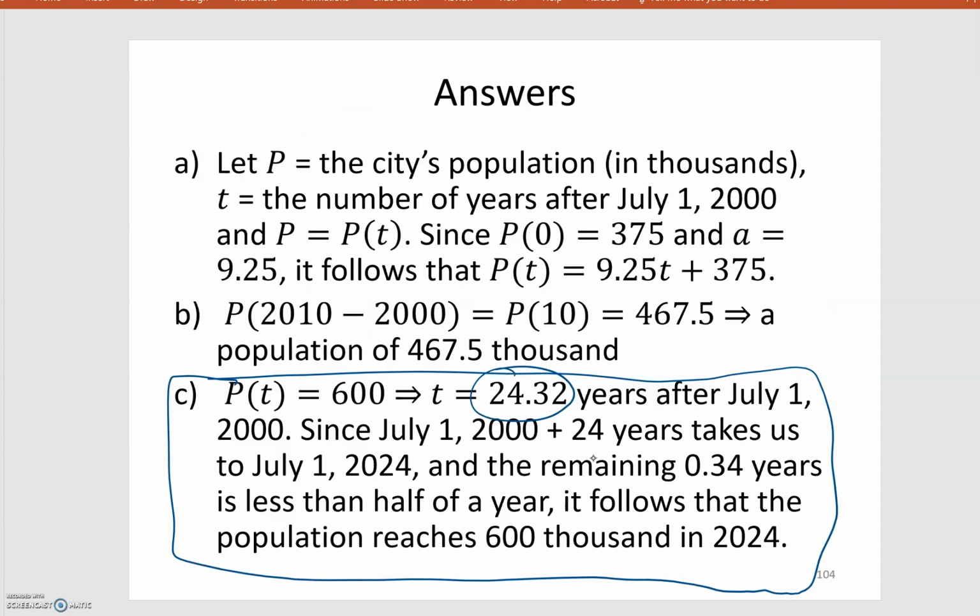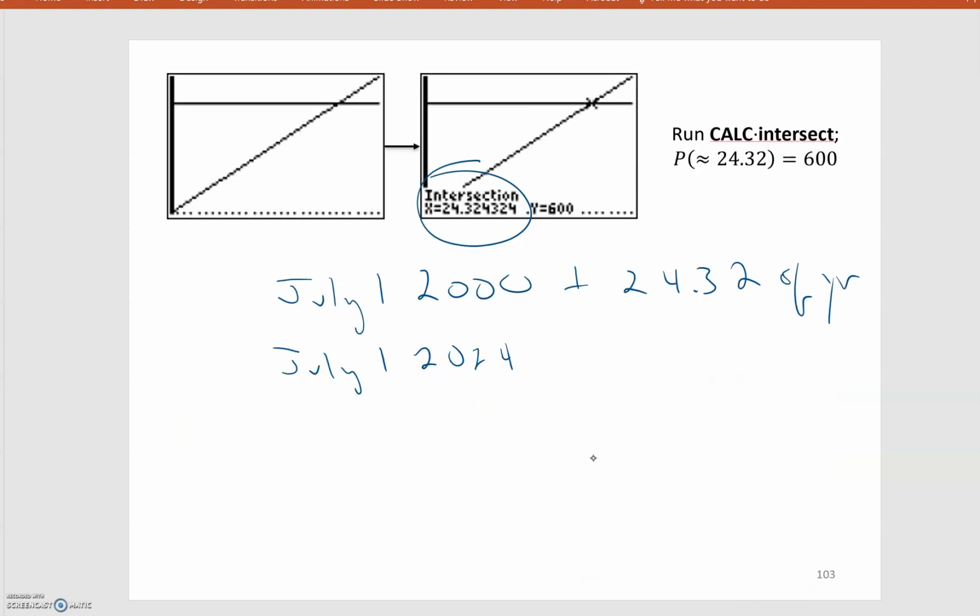So the explanation for the problem says the remaining 0.34 years is less than half a year. It follows that the population reaches 600,000 in 2024. So the idea there is that 0.32 is less than 0.5. If I met or exceeded 0.5 of a year, since I'm starting in July, and July is exactly halfway through, that would push me into 2025.